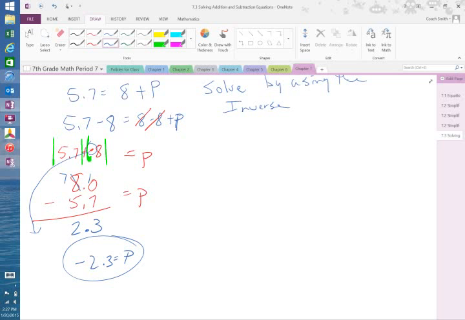I had to borrow. Right, I can't go 0 minus 7, so I had to borrow. Make it a 7, make it a 10.